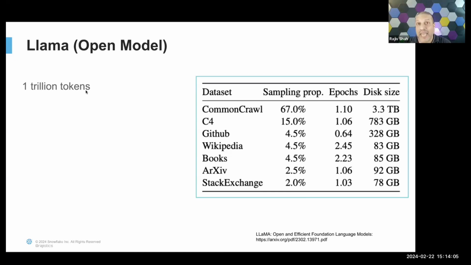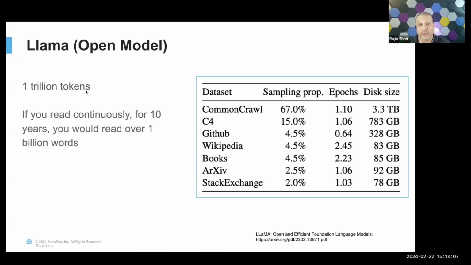If you read for 10 years continuously, that would be 1 billion words. So you can see quickly the math here. That's a billion, right? These models are exposed to 1 trillion. So you can understand the amount of knowledge that's in these models. Our brains can't truly comprehend how much they've read along the way. It's really vast, the amount of information that they're given.